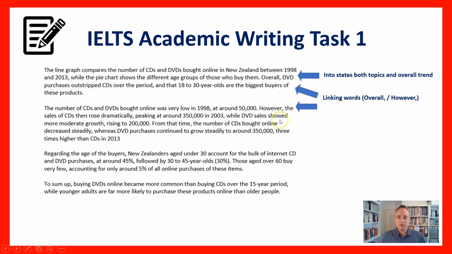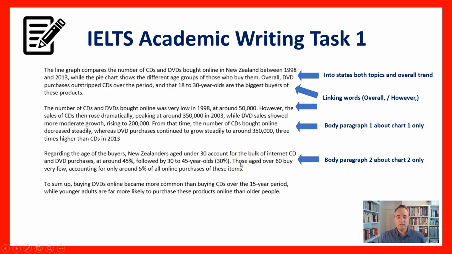My next paragraph here is giving our information about chart 1 only. So this is the one where we've got the dates, and we're talking about the changes in the amount of CDs that are bought over the time. In body paragraph 2, we're talking about chart 2 only. So this one is about the age groups.